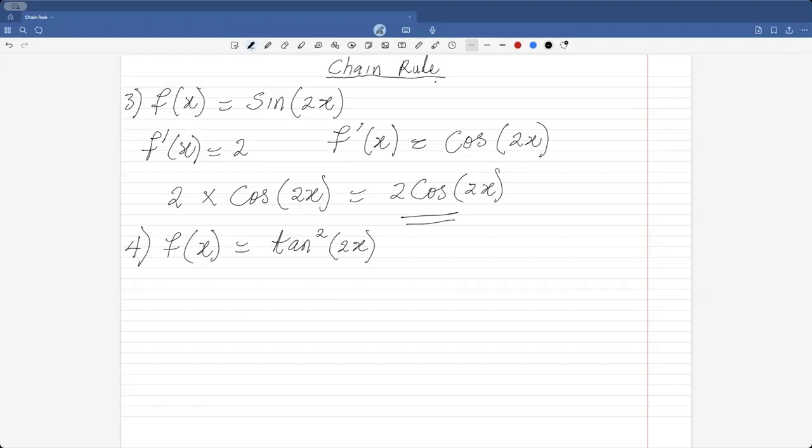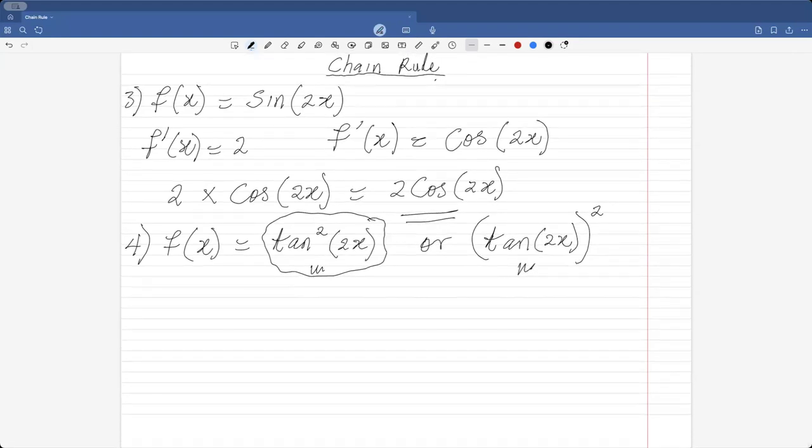Before I move forward, it is important that we can easily rewrite this function here as this. This and this are the same. So it's important to have that in mind. So how can we find the derivative of this function?